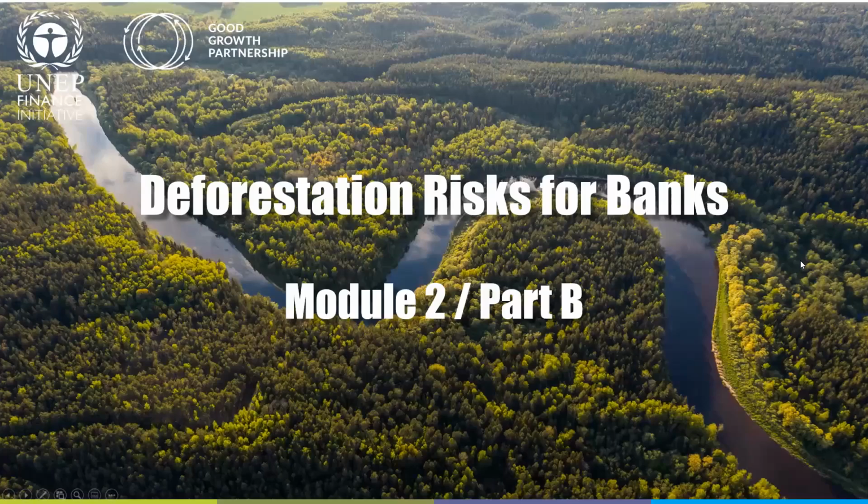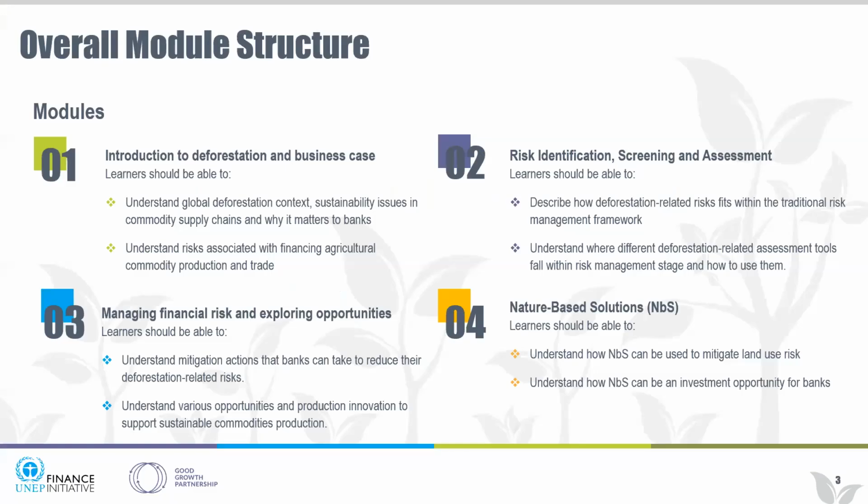Last week we talked about the various approaches for the risk assessment or risk identification process, and this module will cover identifying where the different deforestation related risk assessment tools fall within the risk management stage and how to use them.